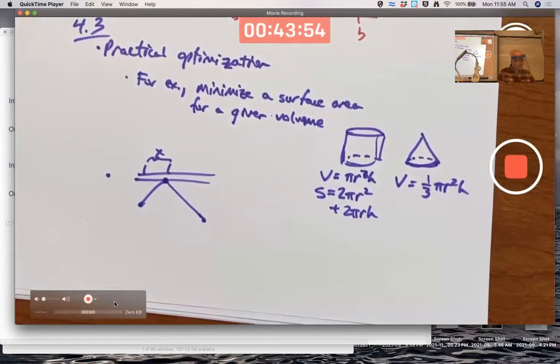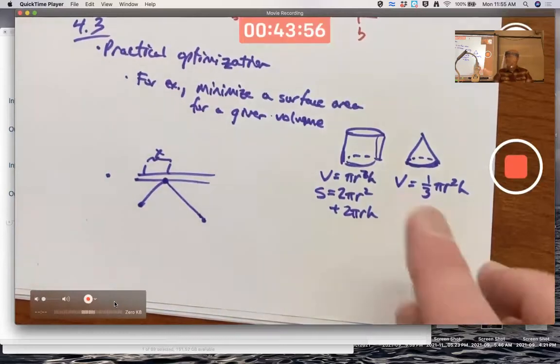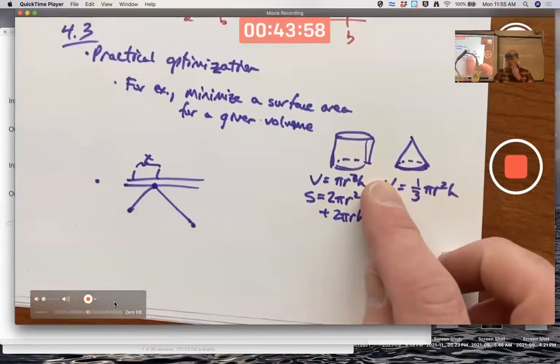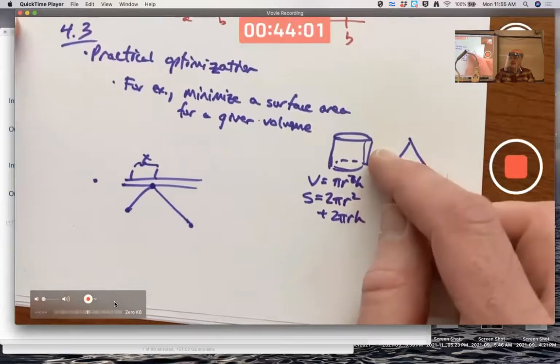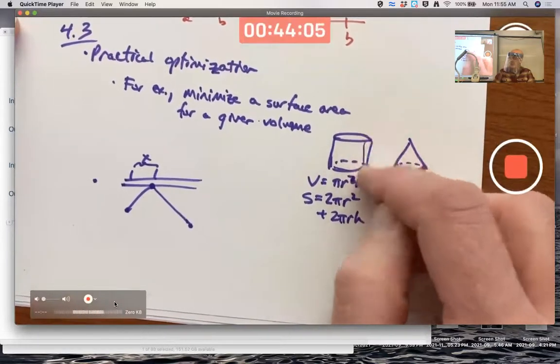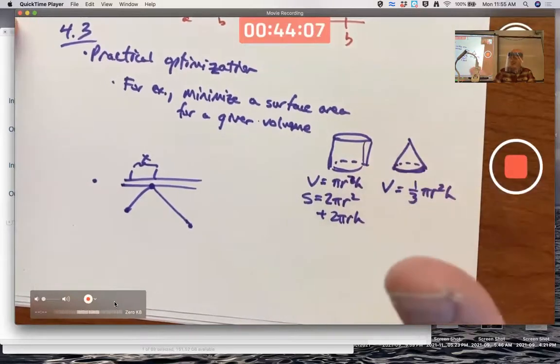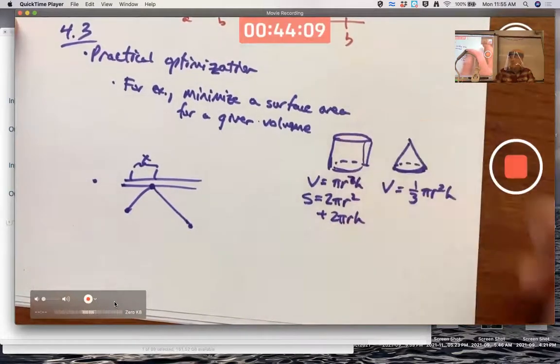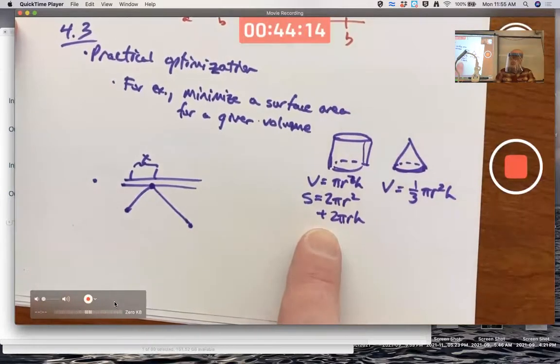And then you had some homework problems where you modify things, like with the cylinder, maybe the cylinder is closed so that it includes both the top and the bottom. Maybe it's open, like a can that's open and you don't include the top of the cylinder as part of the surface area. And so then you'd have to modify the formula for the surface area.